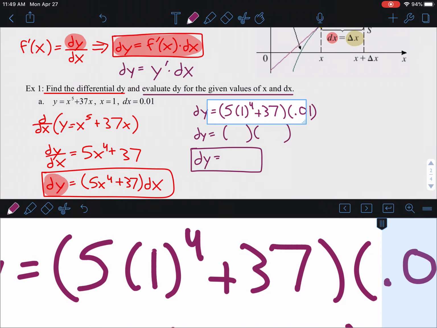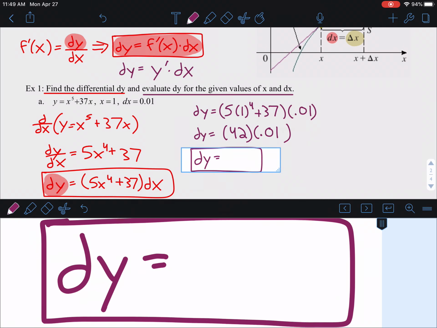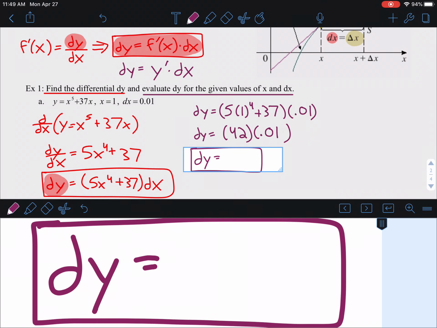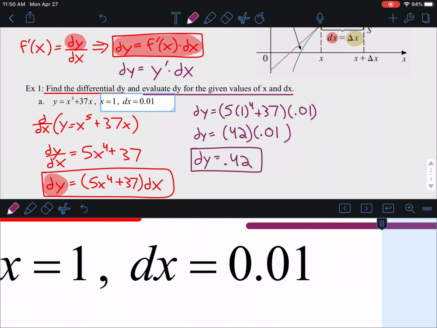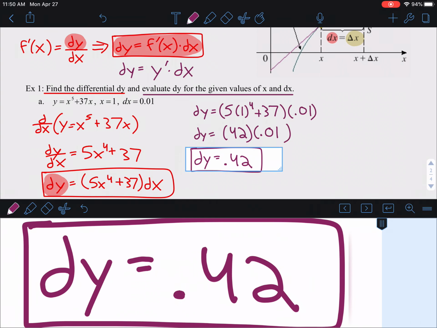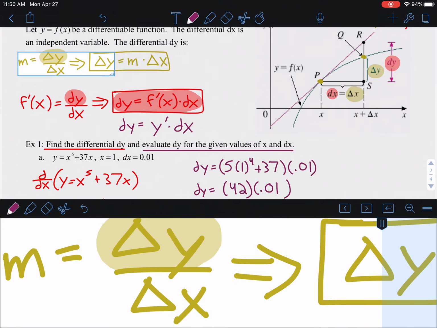So 1 to the fourth is just 1, times 5 is 5, plus 37, I get 42 times 0.01, and when I multiply these out, I get 0.42, which tells me that for this function, if I start at 1 and I go to the right 0.01, the y is going to get bigger by approximately 0.42.